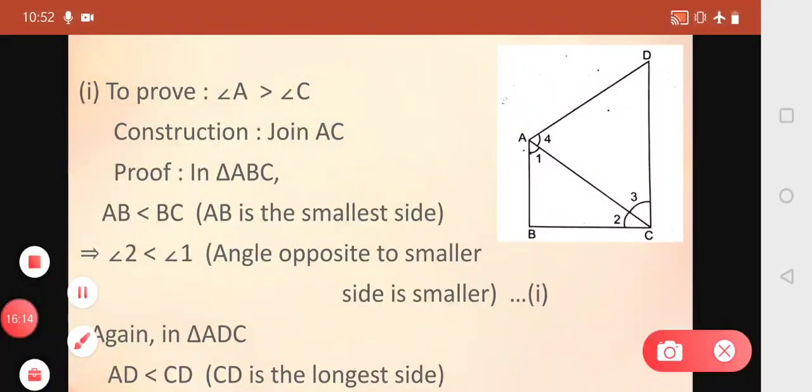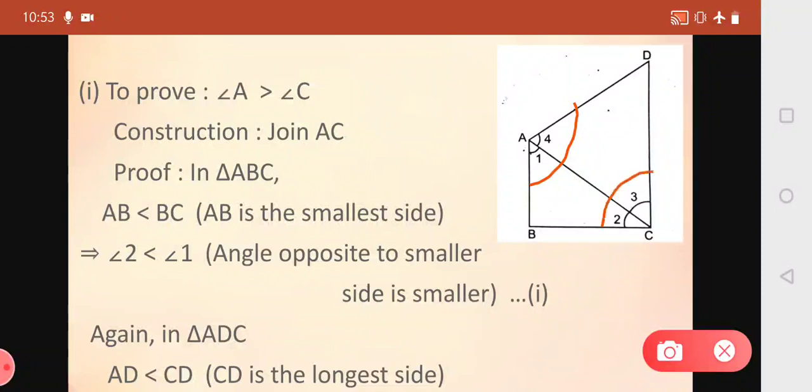Now we reverse it, we write angle 1 plus angle 4 is greater than angle 2 plus angle 3. This we can write because you understand smaller and greater. So angle 1 plus 4 will become angle A, and angle 2 plus 3 will become angle C. So we write angle A greater than angle C.